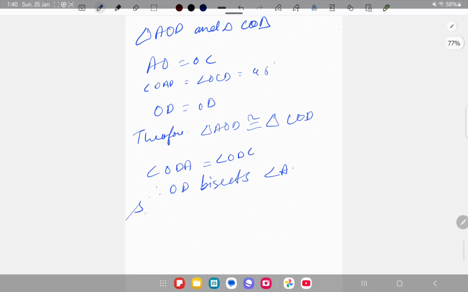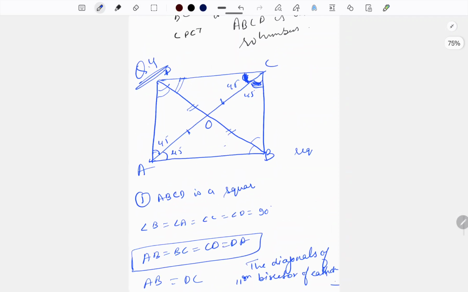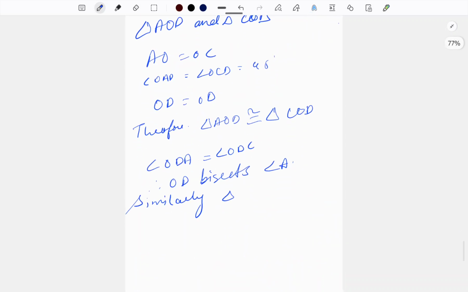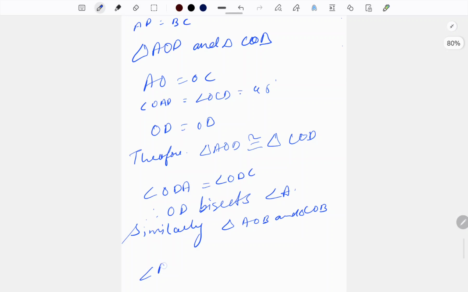Similarly, if we take these two triangles, bottom side, AOB and COB, angle ABO will be equal to angle CBO as above we have proved.